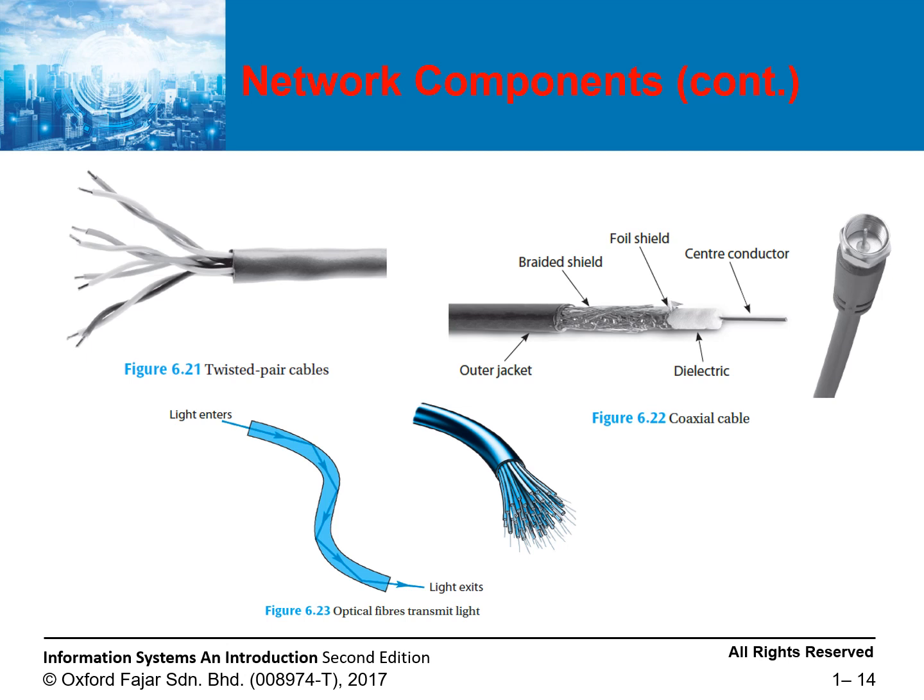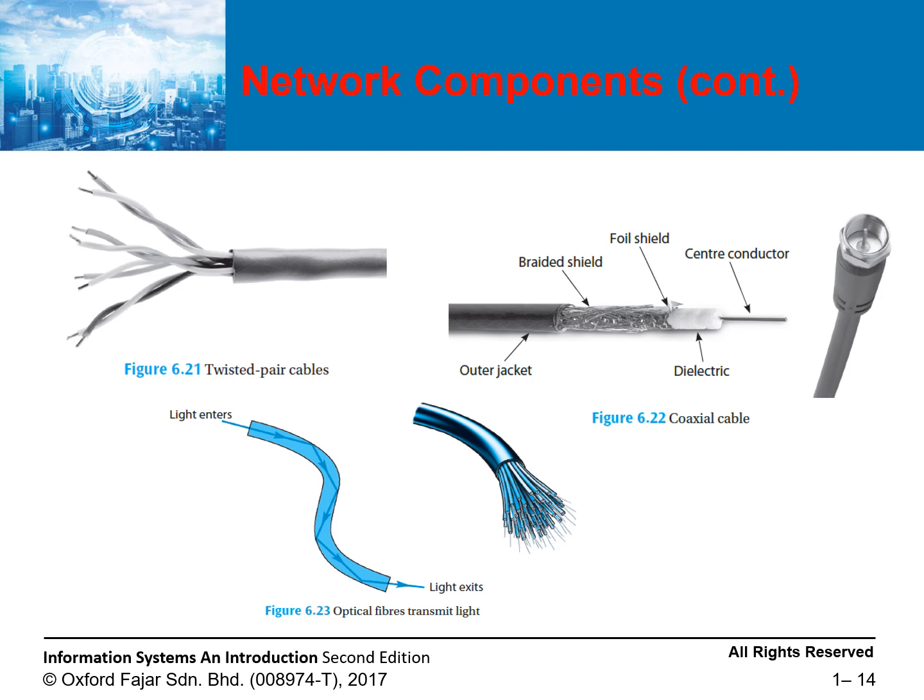So first one is twisted pair cables. These twisted pair cables are made up of copper wires twisted together and enclosed in PVC for protection. This cable is commonly used as telephone lines, and for setting up computer networks. Okay, and second one is coaxial cable.